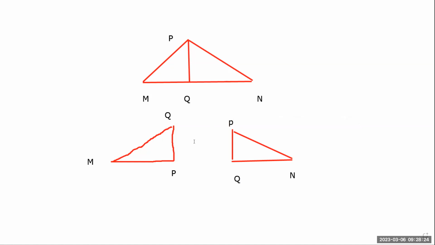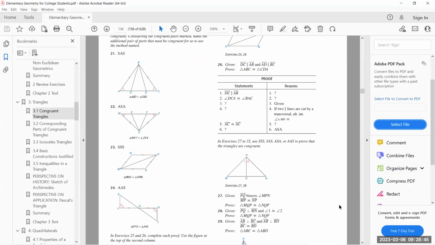now let's look at our proof again. So I'm going to come down here and go to the book. And it says that PQ is perpendicular to MN, and angle 1 is congruent to angle 2.